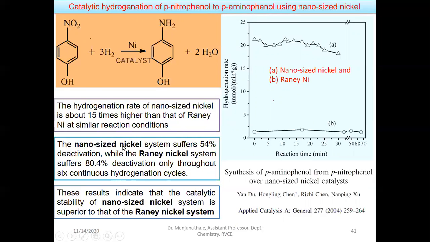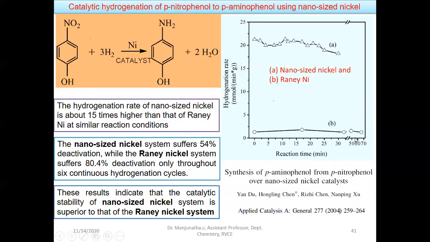So this is the advantage of nanomaterials. These results indicate that the catalytic stability of the nano-sized nickel system is superior to that of Raney nickel. This is another graph taken from this journal article. You can see the hydrogenation rate, which is the rate of the reaction with respect to reaction time. When they use nano-sized nickel, look at this, the rate of the reaction is very, very high, almost 15 times higher.